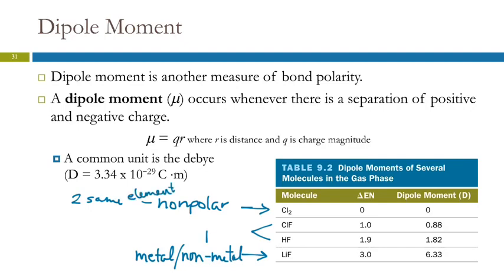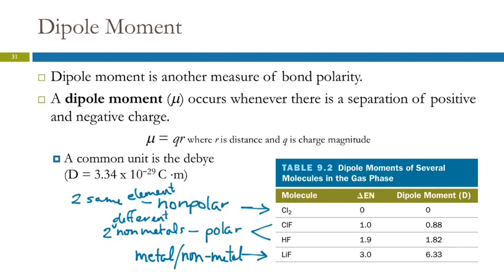And these are going to be polar, and polar is two different nonmetals. I didn't do that very well, but I think you get the idea. So two of the same element, that bond is nonpolar. Two different nonmetals, I would expect you to predict that that's polar.